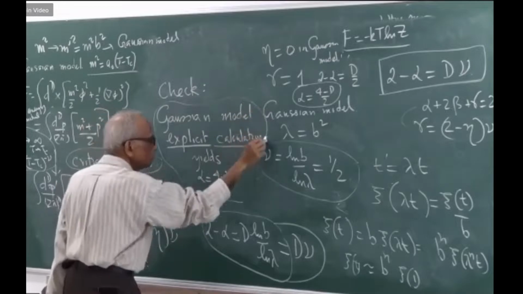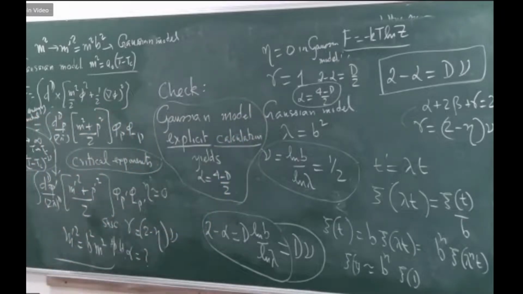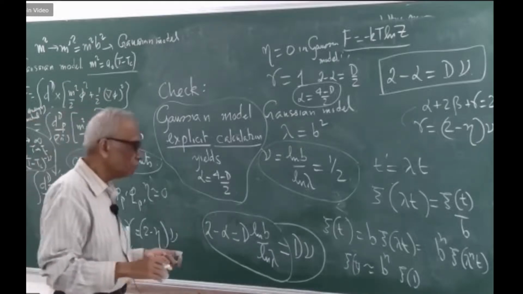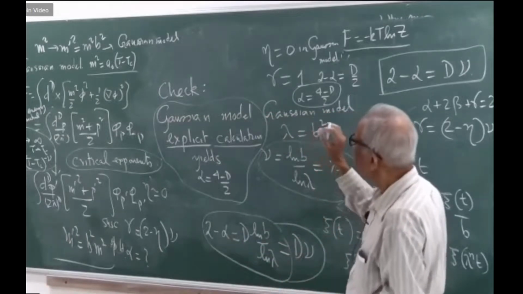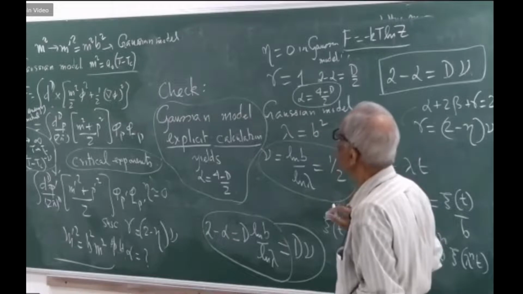We did not do an explicit calculation over here. We just calculated the transformation m prime square equal to m square b square, and from that we obtained the exponents. So what one has to focus on is that in this process of getting things going and calculating exponents, I have not worked out a single integral.